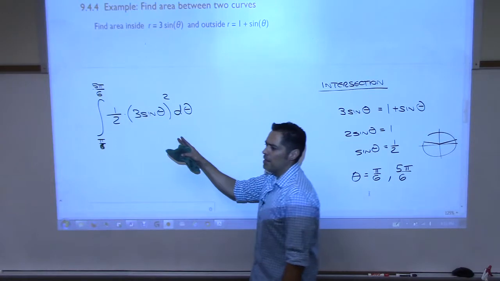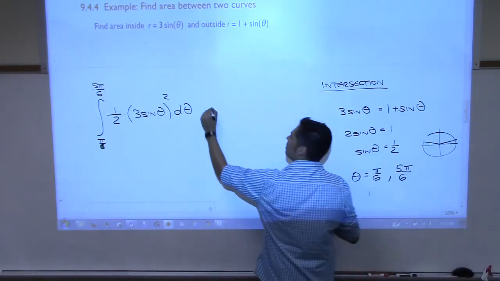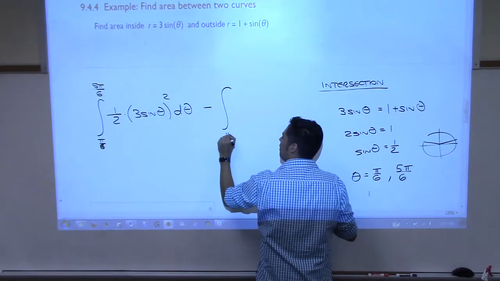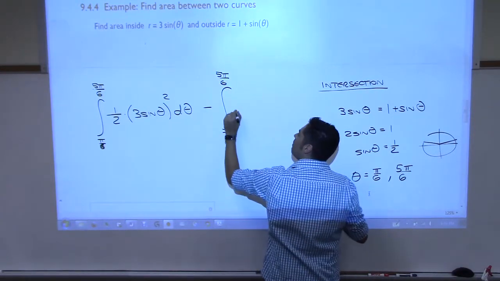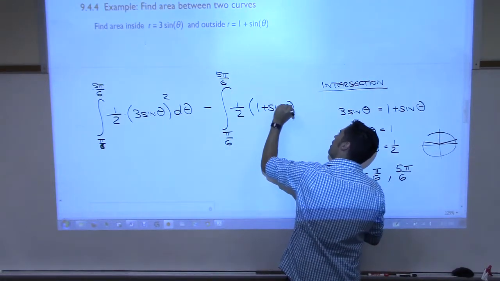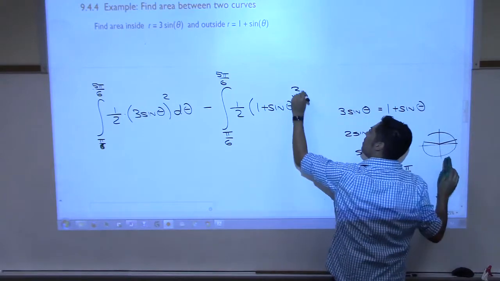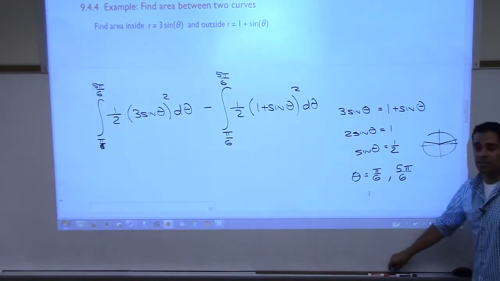That's going to give me the area of that outer one. And then I subtract from that the integral from pi over 6 to 5 pi over 6 of 1/2, but this time the inner one, 1 plus sine theta squared d theta. And both of those can be done with relative ease.